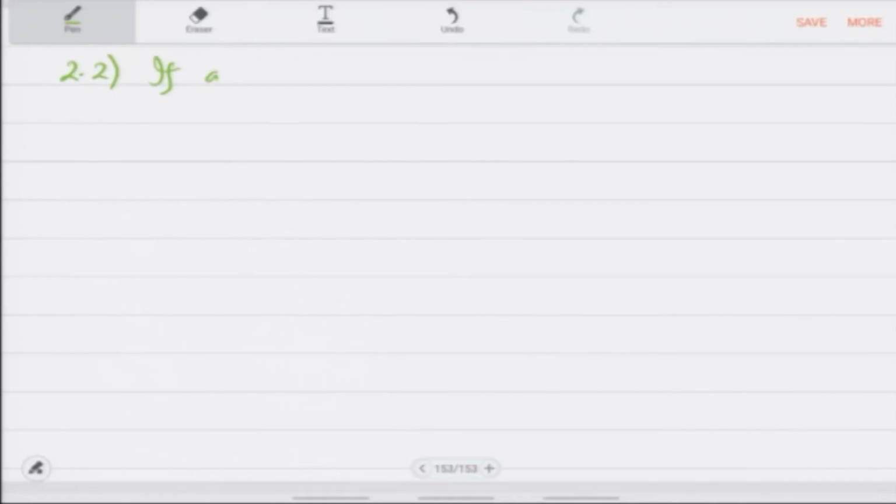Suppose a is negative, then use the fact that minus a by n is equal to minus 1 by n times a by n, and minus 1 by n is minus 1 to the n minus 1 by 2 times a by n. Here we use the fact that n is odd. Let me first finish this line of thought.